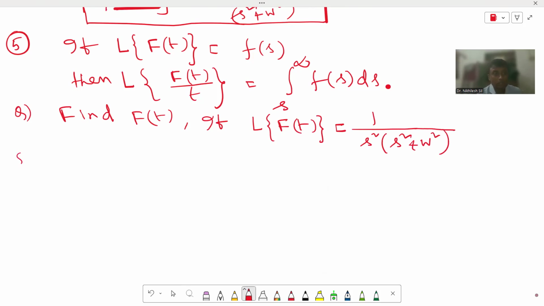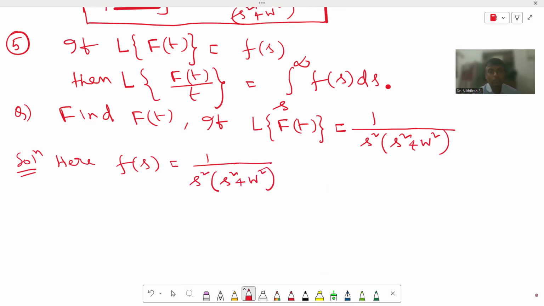Now here, the solution. Here F(s) is equal to 1 by s square into (s square plus omega square). At first we have to find the function whose Laplace is 1 by s square plus omega square.